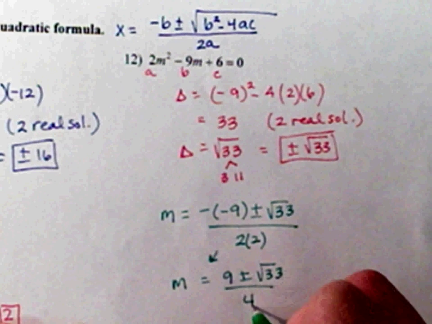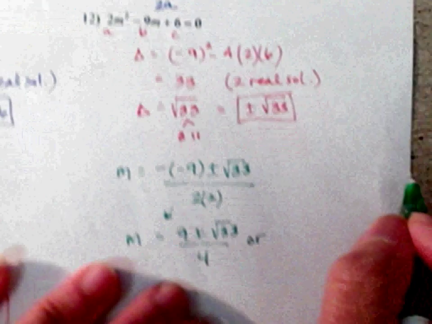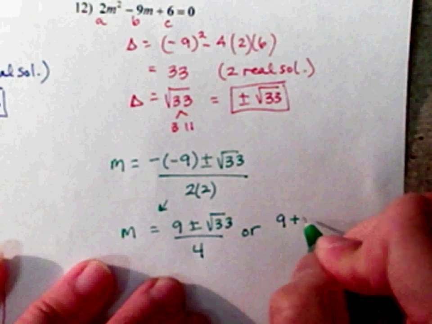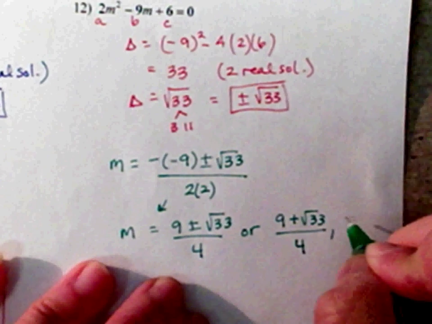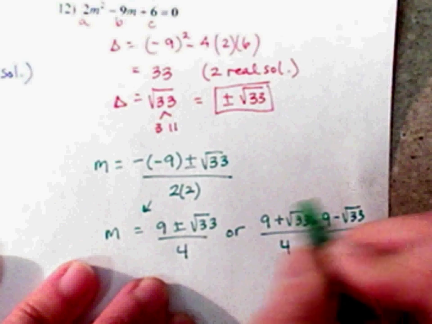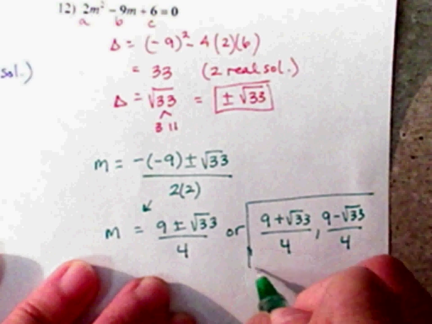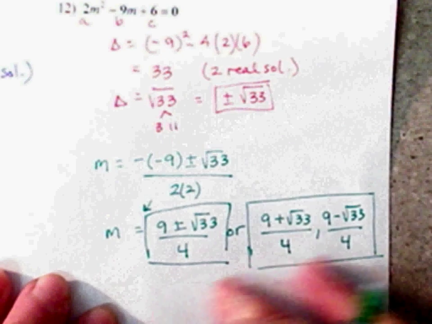You can write them together, or you can write them separate. If you write them separate, it'll look like this. 9 plus square root of 33 over 4, and 9 minus square root of 33 over 4. So you can write your answers like this, or you can write your answers like this. They're the same thing. Good luck.